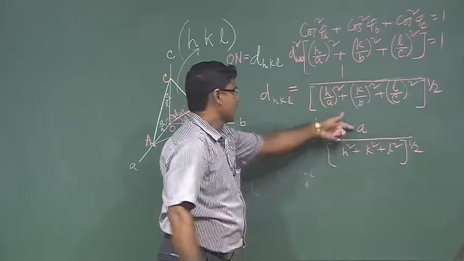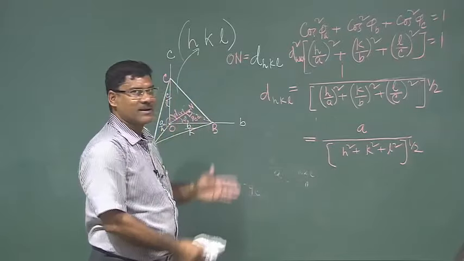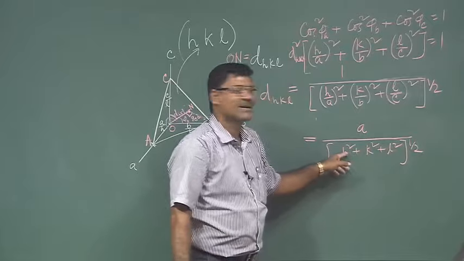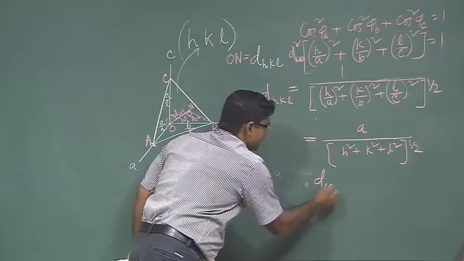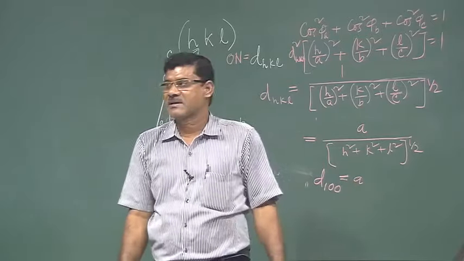Now, for 1 0 0 plane, it is 1, so for the D 1 0 0 plane, the interplanar distance is A.